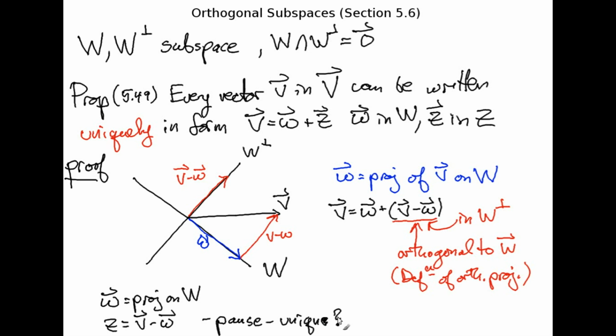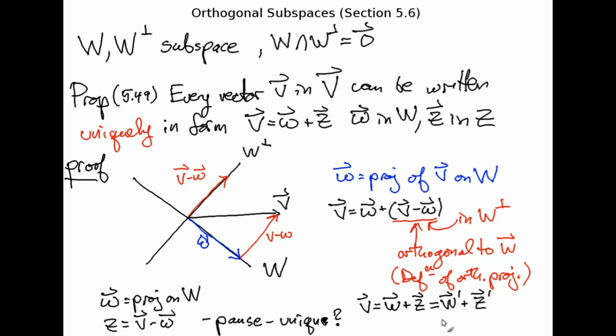Why is this unique? So what you need to think about is, suppose I wrote V as equal to W plus Z, but I also wrote it as W prime plus Z prime, where W and W prime are in W, and Z and Z prime are in the orthogonal complement.